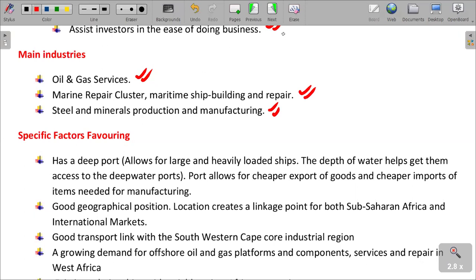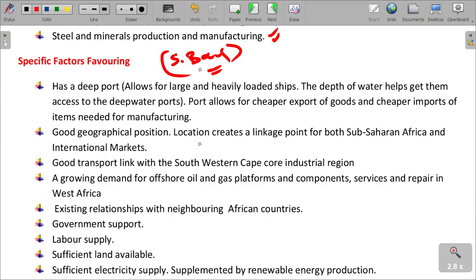Specific factors favoring the establishment of Saldanha Bay. What are the main specific factors favoring it? It has a deep port, which allows for large and heavily loaded ships. The depth of water helps them access the deep water port.